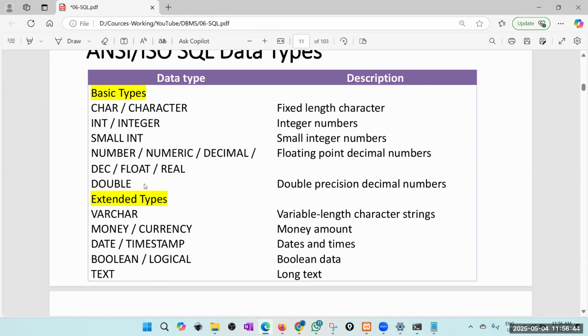Actually, not unfortunately, because vendors want to support more and more types. ANSI has given only basic types. So therefore, from MySQL to Oracle, Oracle to Microsoft SQL, you may see some of the field names are different, maybe you have additional types. Okay. So that is to make your life easier as a software developer. So therefore, don't take it as a negative thing.